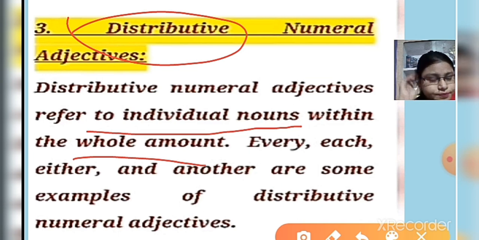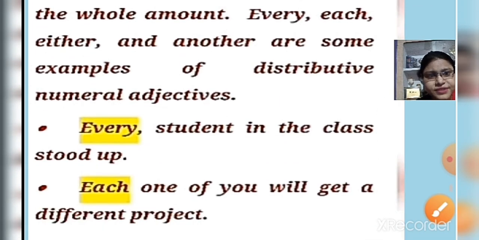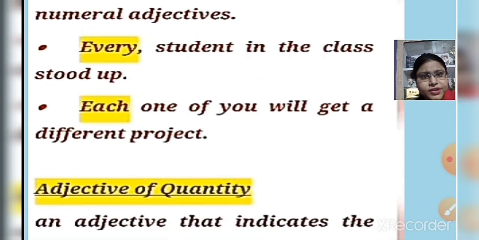The next says each, then either, another. These types of words always come in distributive numeral adjectives. See the example. Every student in the class stood up. It means that within the whole amount, all the students stood up. Clear?